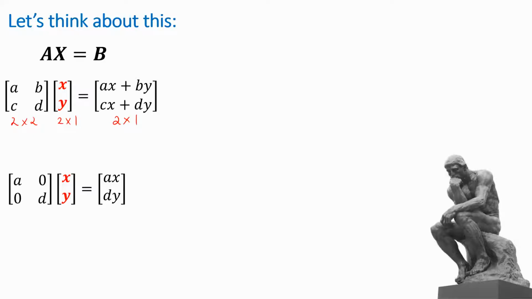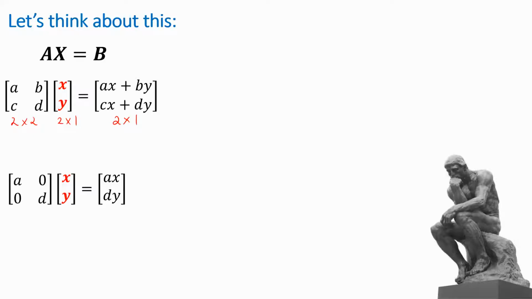All I've changed is I've made B and C zeros. If I made these zeros, and I ask you to multiply what you've learned in E, you'll do A times X plus 0 times Y, ends up being just AX. If I told you to multiply 0 with the X and then D with the Y, you end up with DY. Now this is cool.